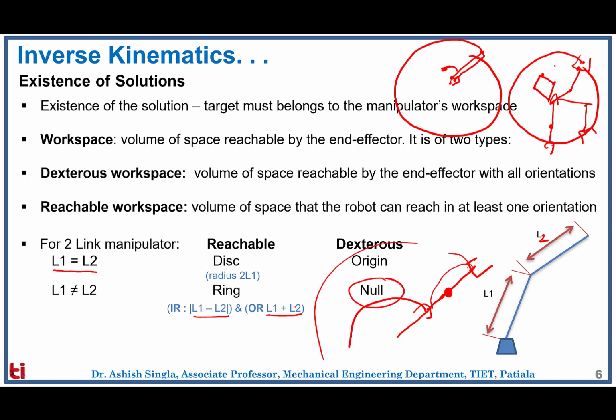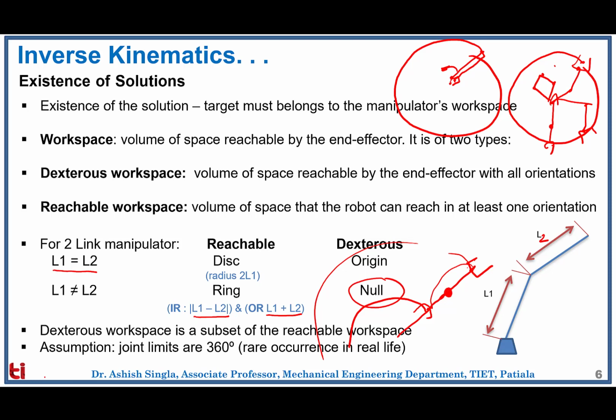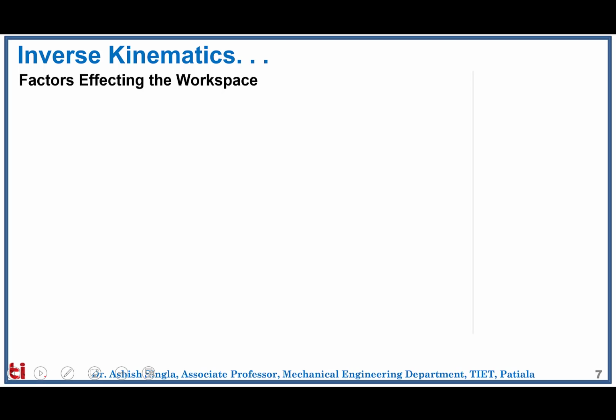So the dexterous workspace is a null space. The dexterous workspace is a subset of the reachable workspace, and while calculating these two workspaces, we assumed that both joints can take values from 0 to 360 degrees, which is a rare occurrence in real life. So we can now discuss the factors which affect the workspace.